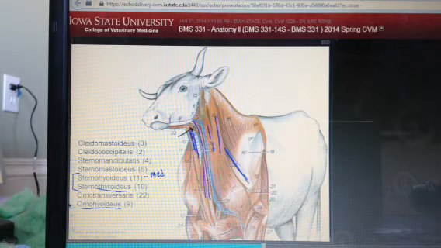The omohyoideus, in the case of the ruminant, starts from the fascia that overlies the third and fourth cervical vertebrae. So it has nothing to do with the shoulder. And you should be able to find that muscle, so it's going from that fascia over C3 to C4 to the basihyoid.